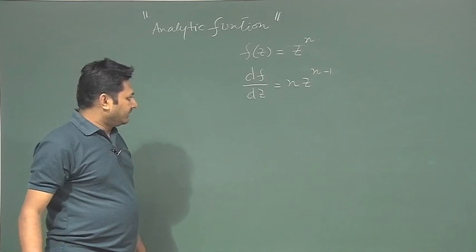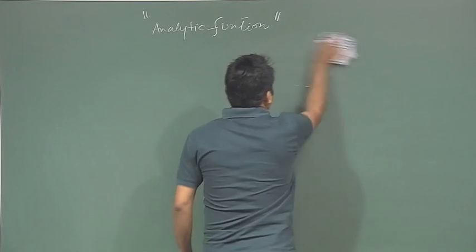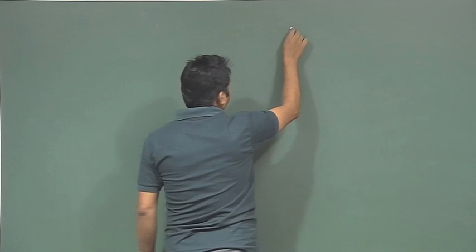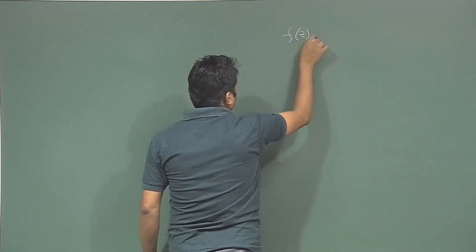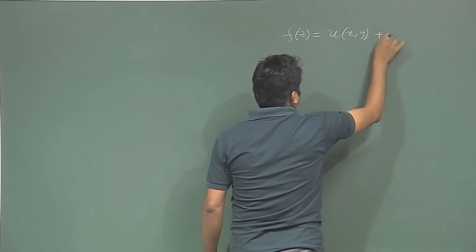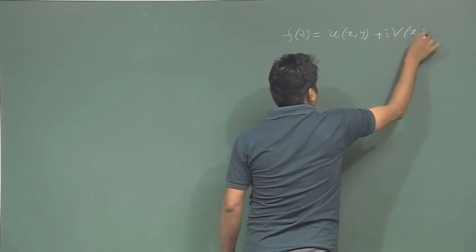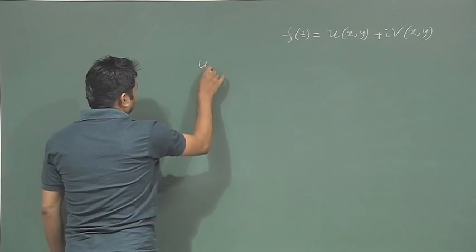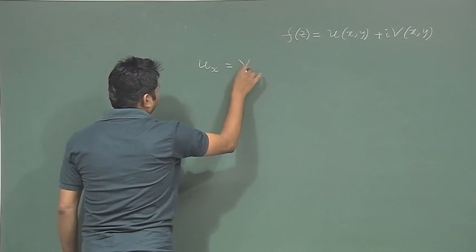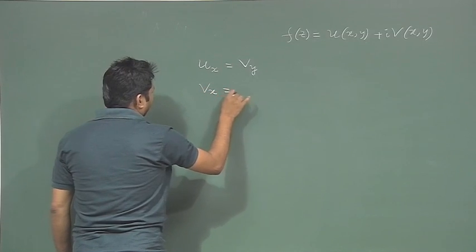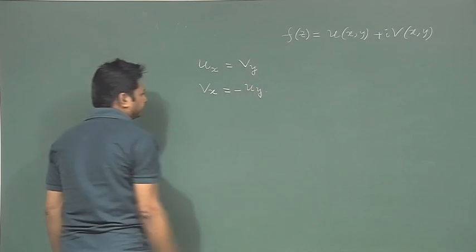Now, the next thing is that analytic functions should obey the following: if the function is represented as u and v, both functions of x and y, which is the standard form, then u x is equal to v y and v x is equal to minus u y.